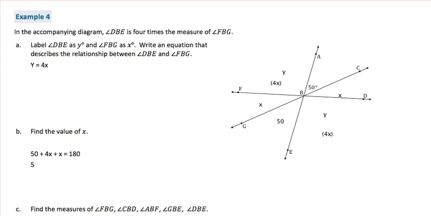Combine our like terms. 50 plus 5x equals 180. And so 5x equals 130. And x equals 26.